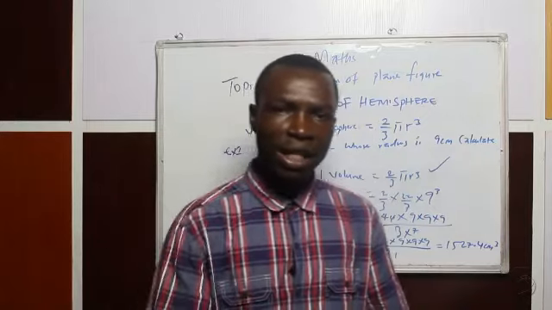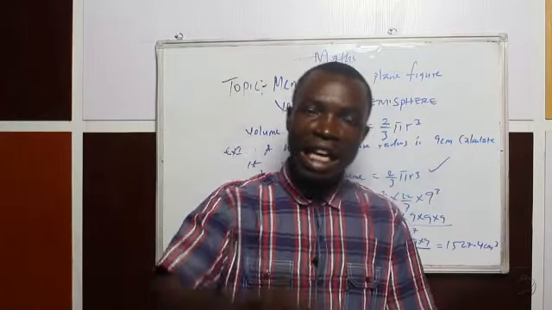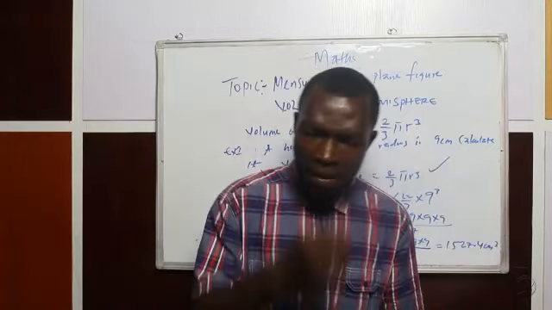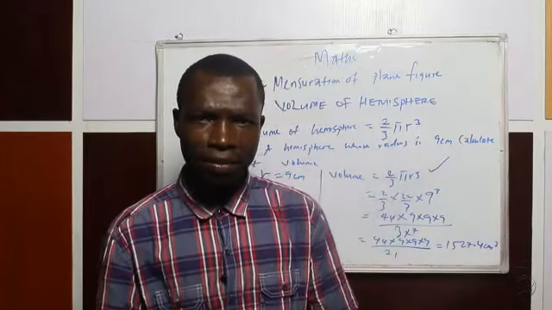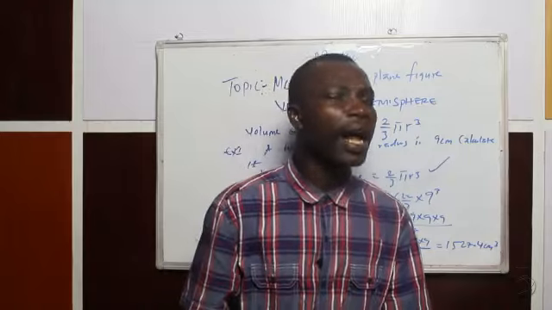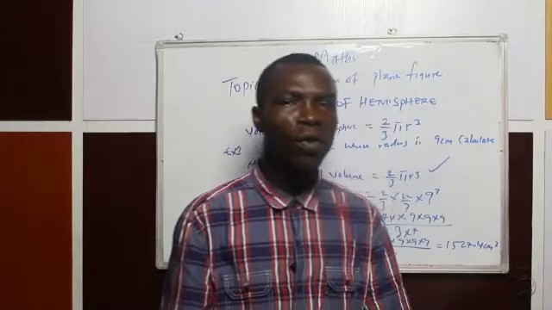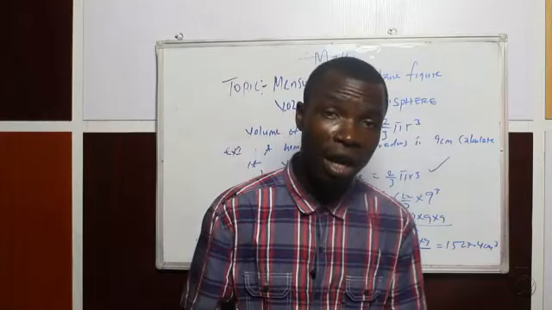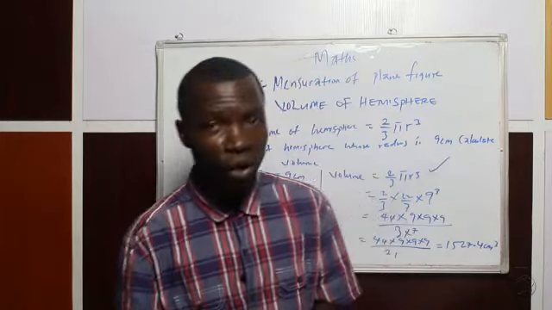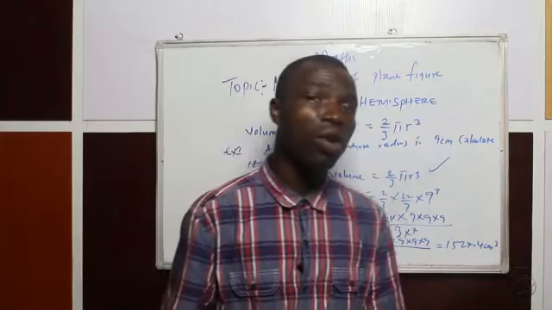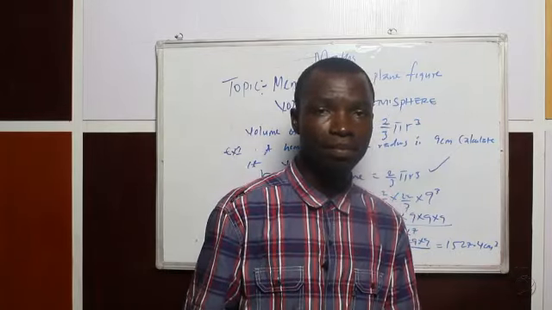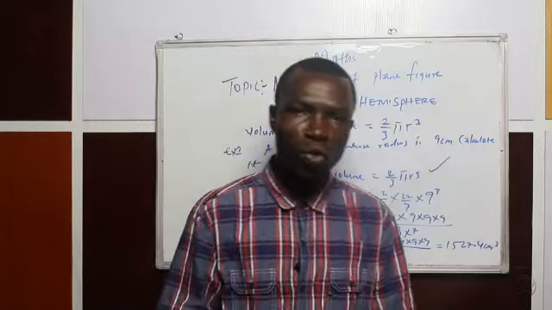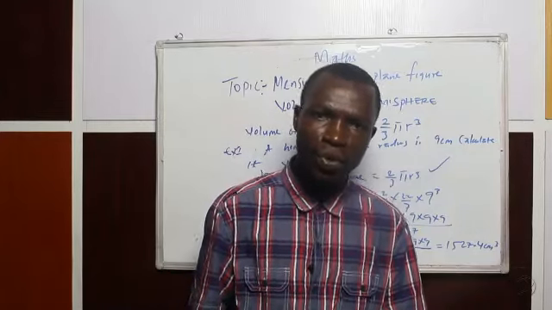Remember the difference in their curved surface area, in their total surface area, and in their volume. The surface area of a hemisphere is different from the surface area of a sphere. The curved surface area of a hemisphere is different from the curved surface area of a sphere. The volume of a hemisphere is different from the volume of a sphere.